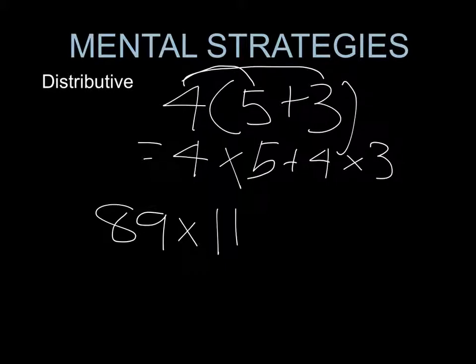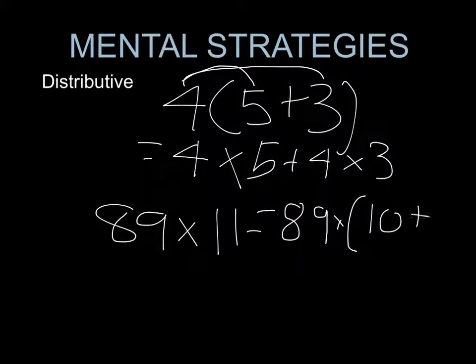You're probably thinking, whatever do I mean? Well, we'll leave the 89 as it is, but because 10's easy to work with, we write that 11 as 10 plus 1. Again, I chose 10 plus 1. I could have written this as 8 plus 3, but I wrote it as 10 plus 1 because 10's easy to work with.